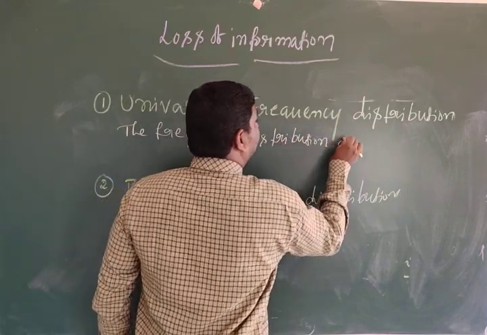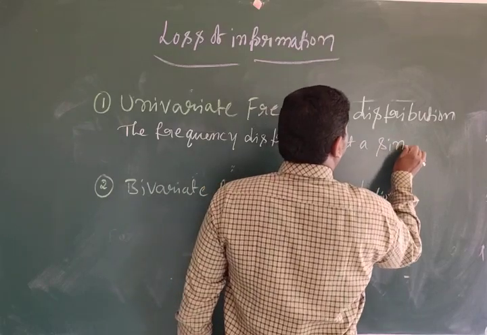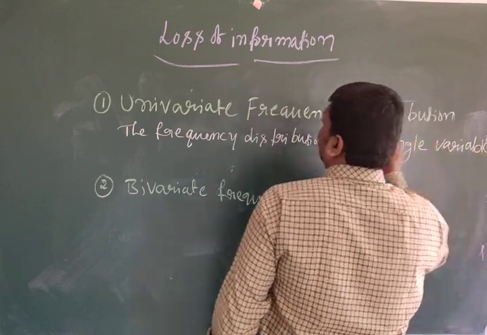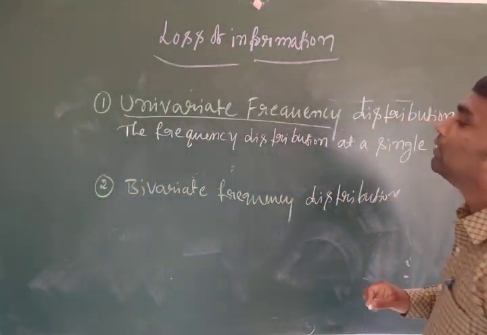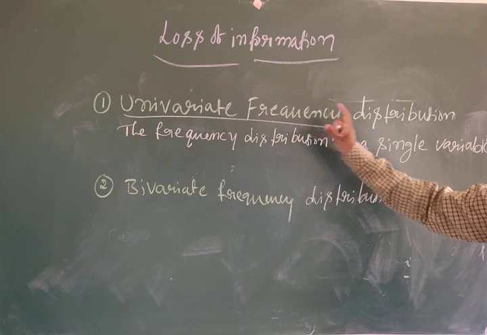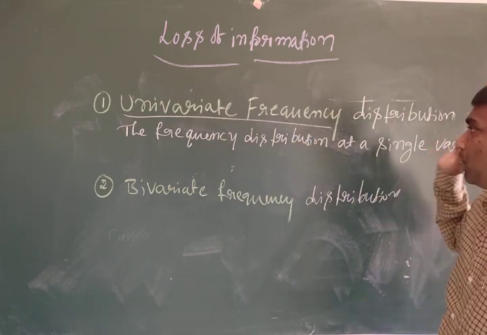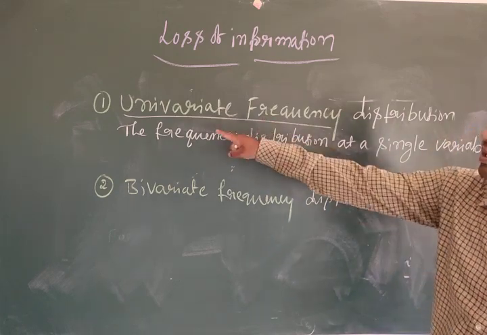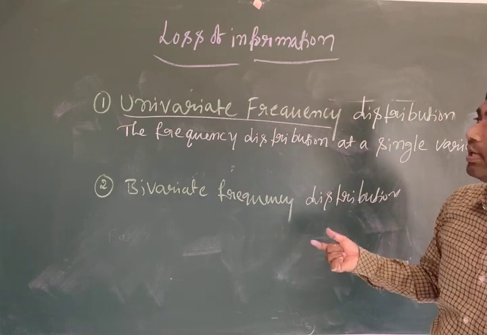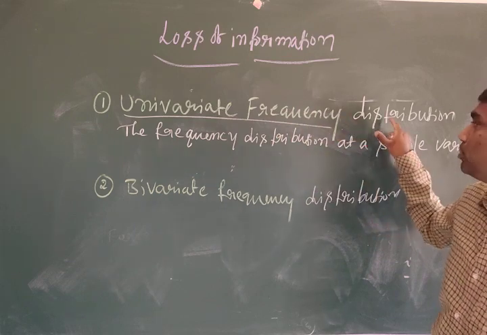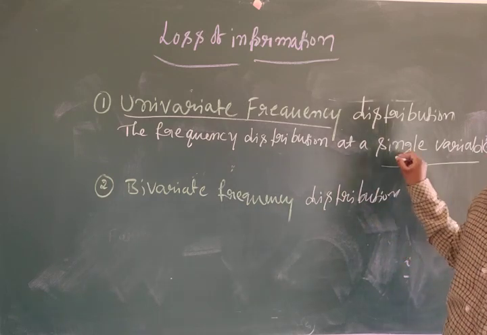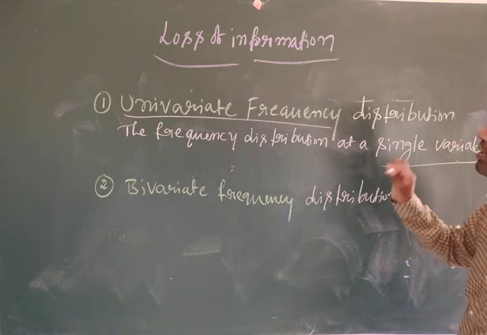The frequency distribution at a single variable is called univariate frequency distribution. Uni means single, like uniform, unanimous. Univariate frequency distribution means the frequency distribution of a single variable.